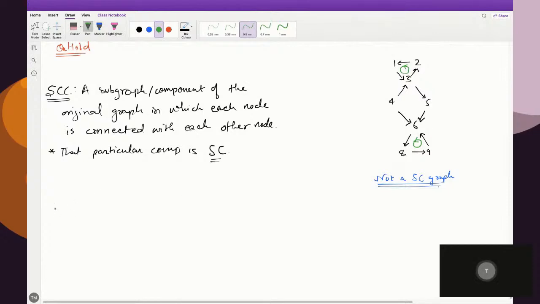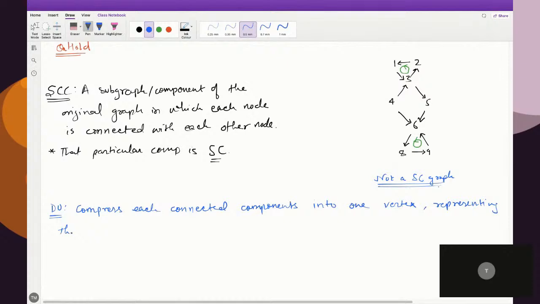Now let us do one thing. Compress each connected component into one vertex representing that connected component.